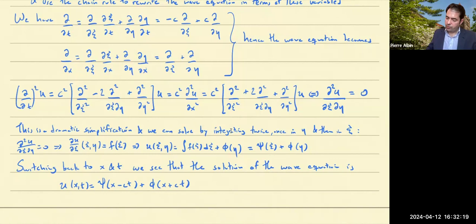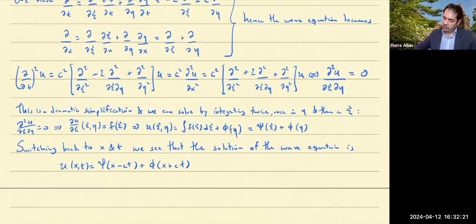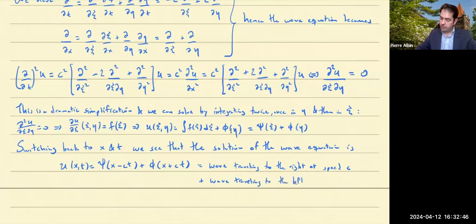Okay. So notice that we can think of this as a wave psi traveling to the right at speed c plus a wave, the phi, traveling to the left at speed c.